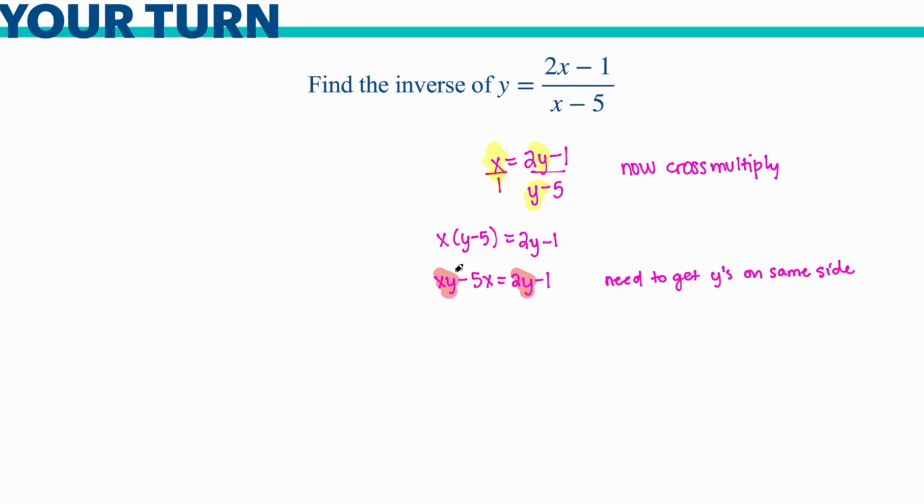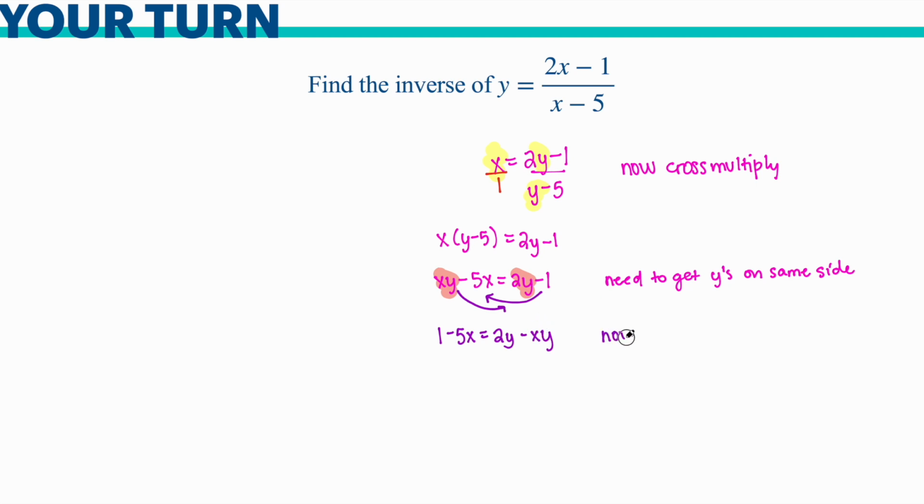So when I do that, I am going to add 1 to this side. So it's going to be 1 minus 5x. And then I need to get the xy on that side. So I have to subtract it. So now they're on the same side. I got all of my numbers and variables on the left side. I got anything that had to do with the y on the right hand side.